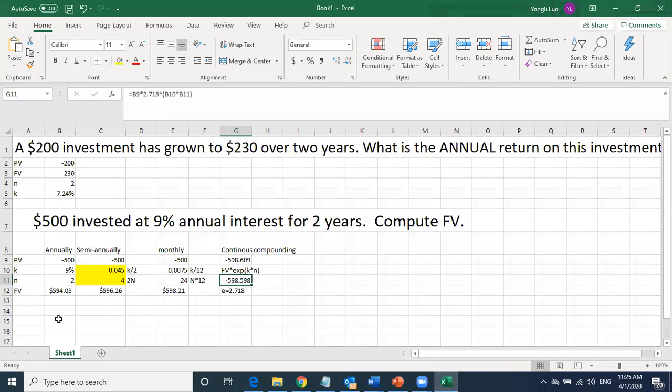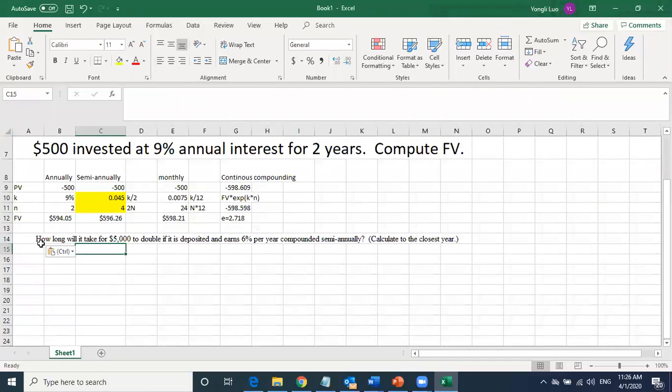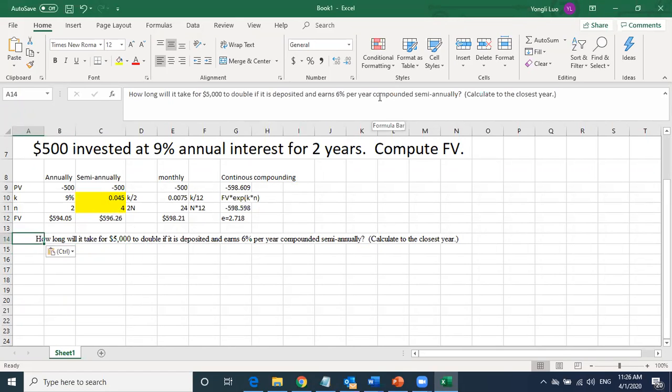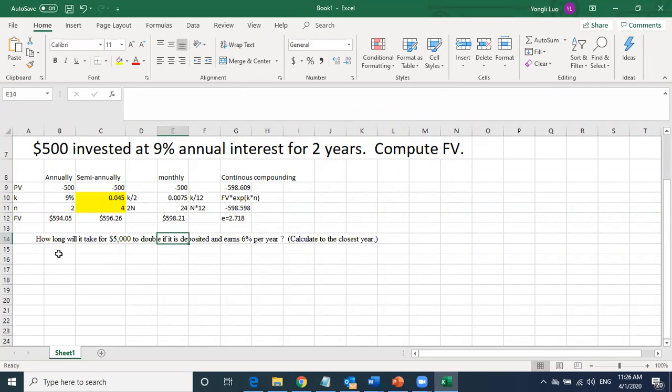The question is like, how long will it take for $5,000 to double if it's deposited and earns 6% per year, compounded semi-annually? Or let's say 6% per year. Basically, they are the same thing. How many years can you get your money to double?